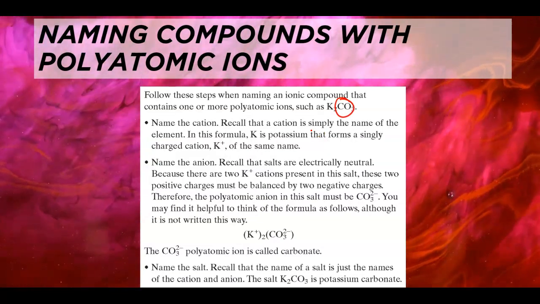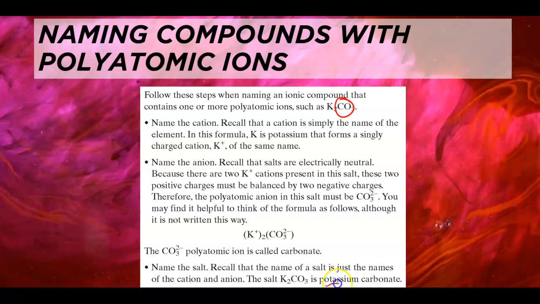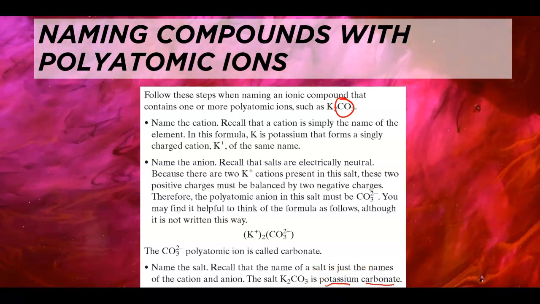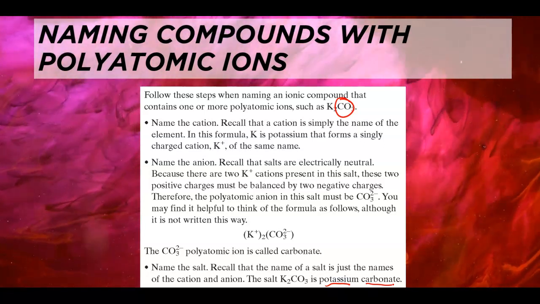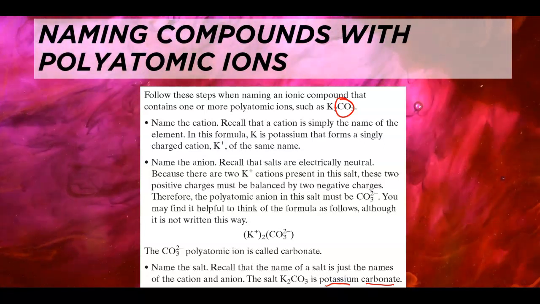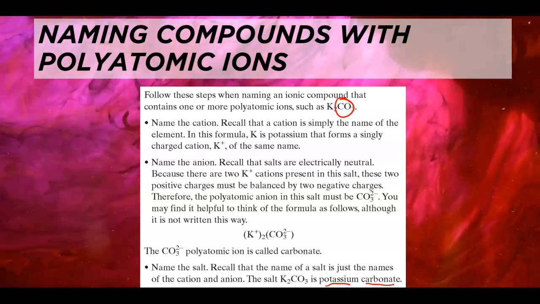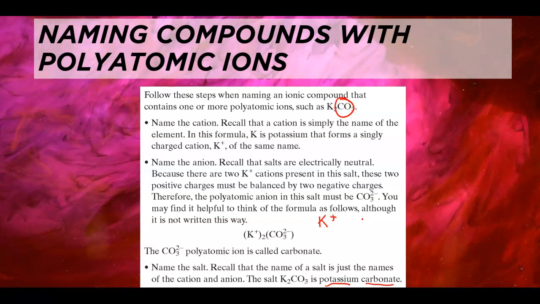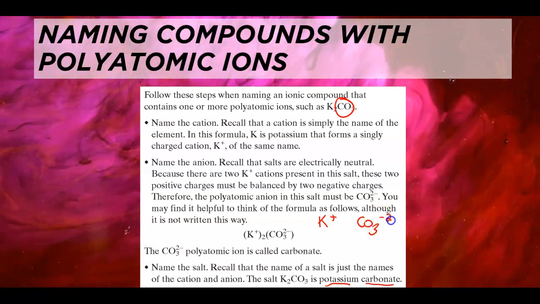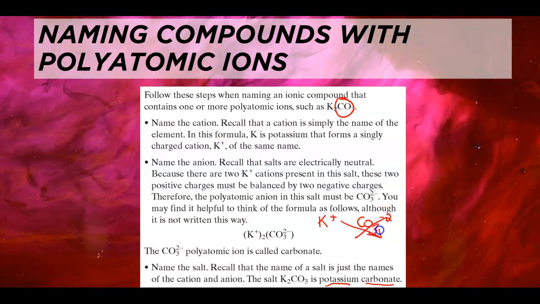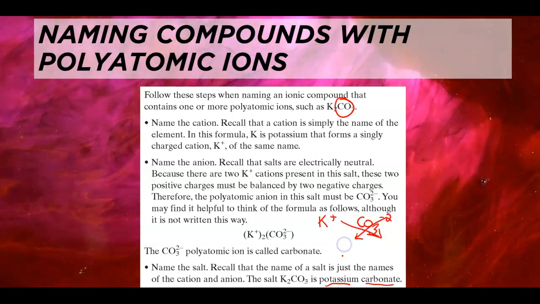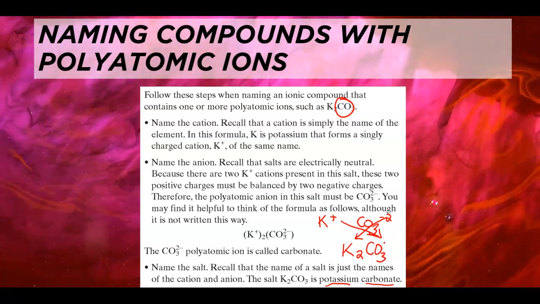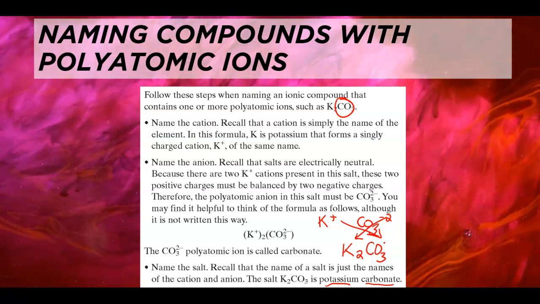So this substance is going to be called potassium for the cation, carbonate for the anion, potassium carbonate. Notice this ratio had to be K2CO3 because K has a positive charge and CO3 has a -2 charge. When I flip-flop those, I get K2CO3. So that was my formula. The name is potassium carbonate.